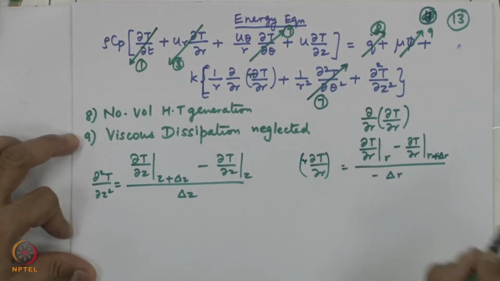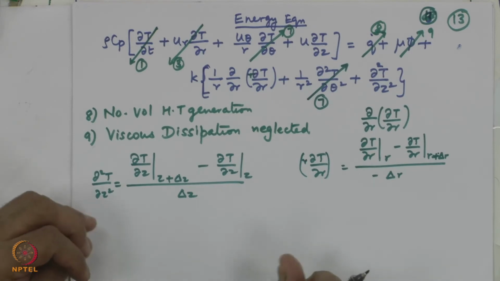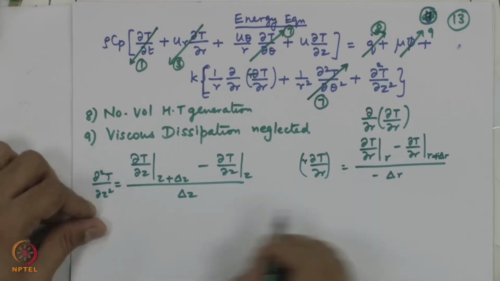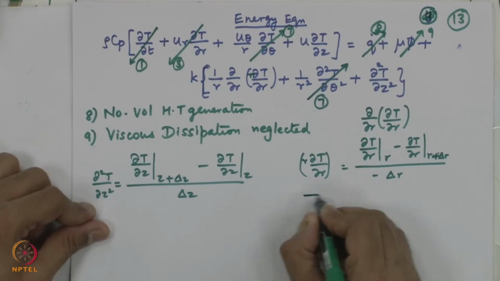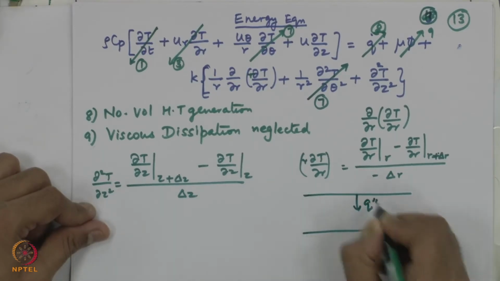So, what I am trying to say is your gradients in the r direction are much more significant because bulk activity of heat transfer is in this direction.